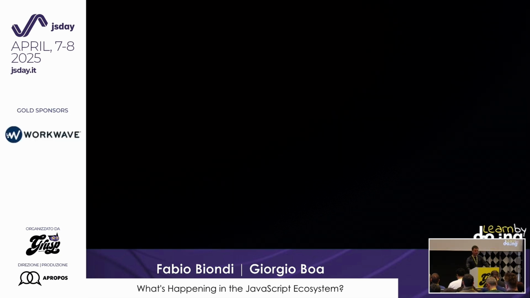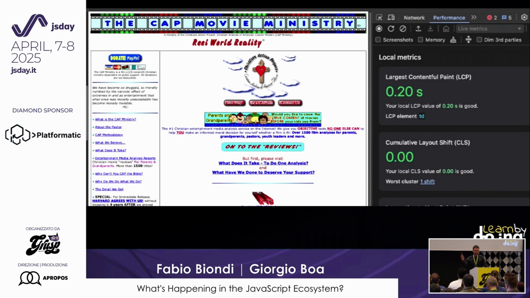So, how can we improve the performance? Of course, we can create a website like this, and probably we won't have any problems with Core Web Vitals. It really works. But probably we want to improve the UI, add some features, make something cooler than this.